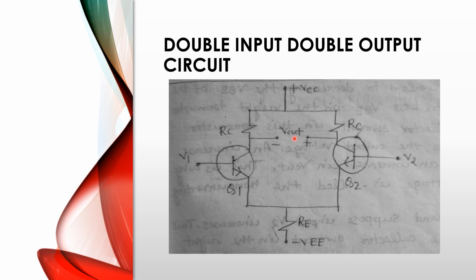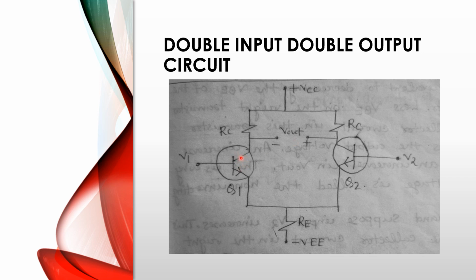Next condition: when V1 is greater than V2, then what happens? When V1 increases, the emitter current of the left transistor increases.